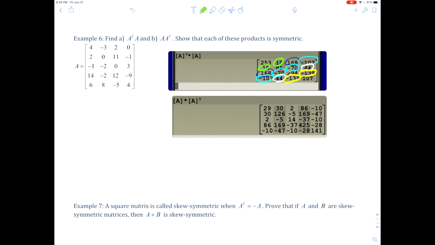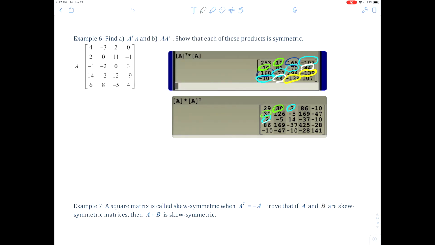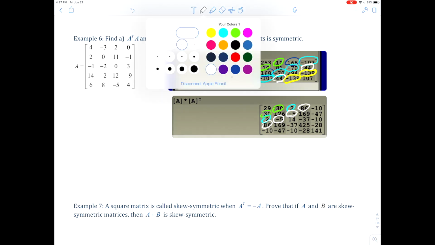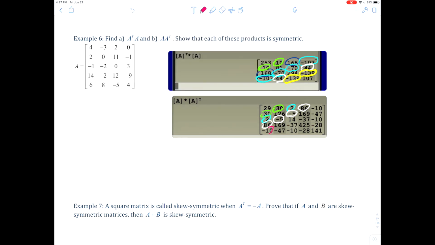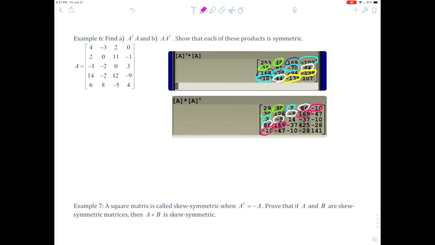Okay, and then what about over here? Let's see. Yep, we got this one, 30 and 30, and then 2 and 2, and then 86, -5, -5, 86. -10, 169, 169, and -10. -47, -37, -37, -47.